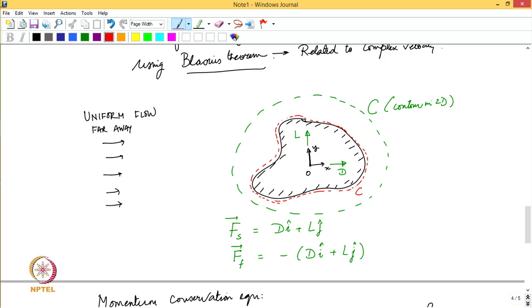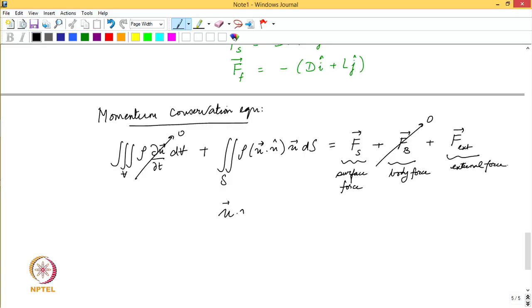In that case, if I choose a control volume which is essentially the shape of the body, then the surface being stationary means that u dot n on the surface is 0. Okay, on this surface u dot n will be 0, and so this integral that we have here will also go to 0.